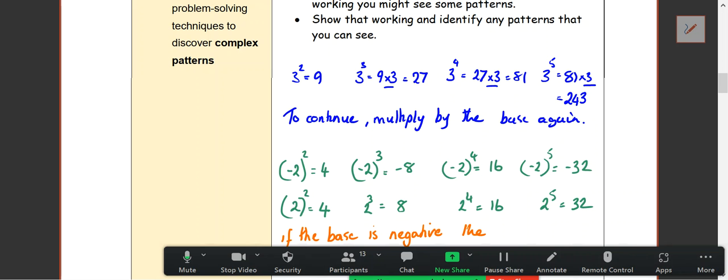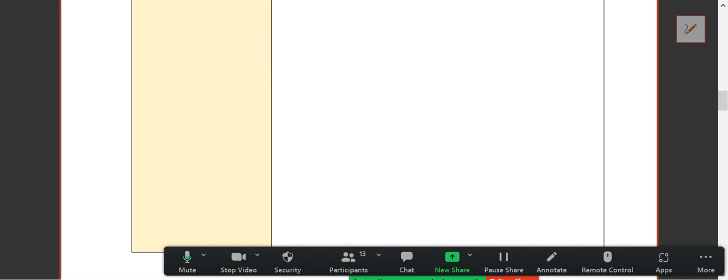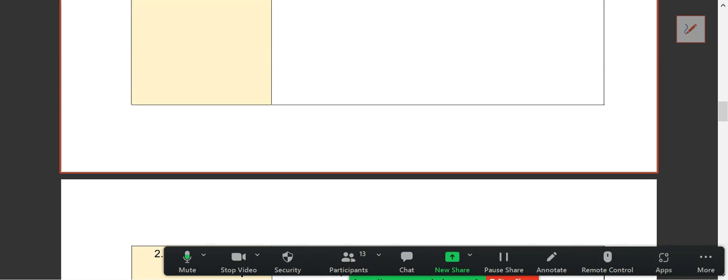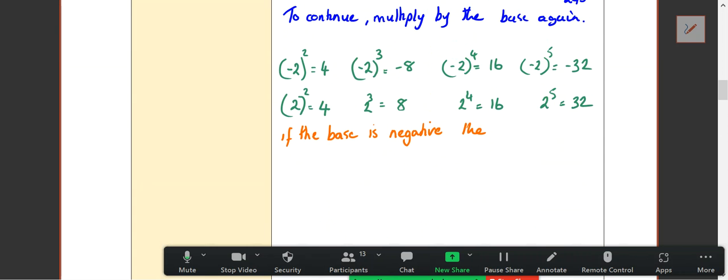It says identify any patterns, but then in the next bit it said describe the pattern in some way that we can use it. So what I'm going to do first, right, I can say if the base is negative, the sign changes each time from positive to negative.